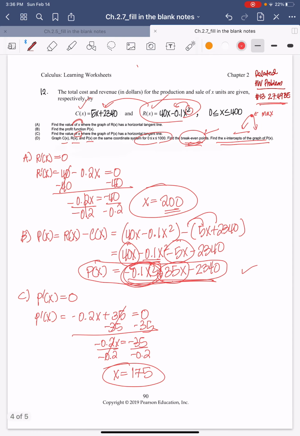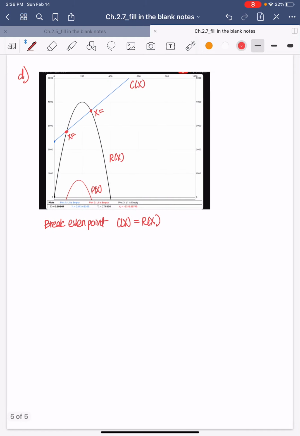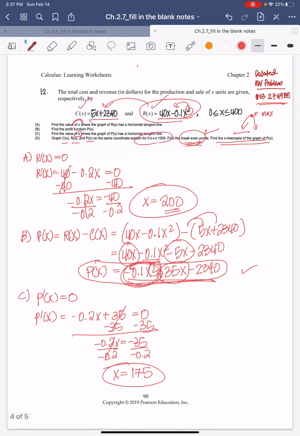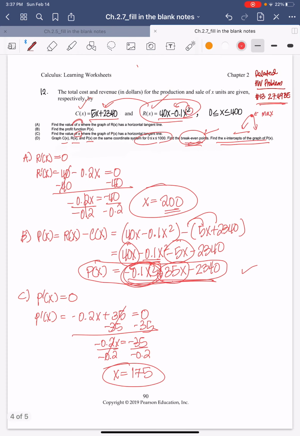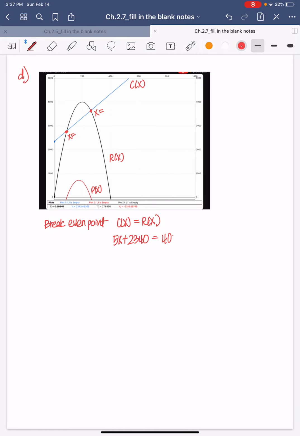C of x is 5x plus 2,340, and then I'm gonna set that equal to R of x, 40x minus 0.1x squared. And I'm gonna put everything on one side, set it equal to 0 to solve for x.